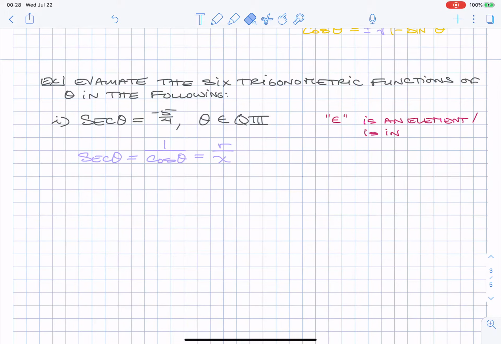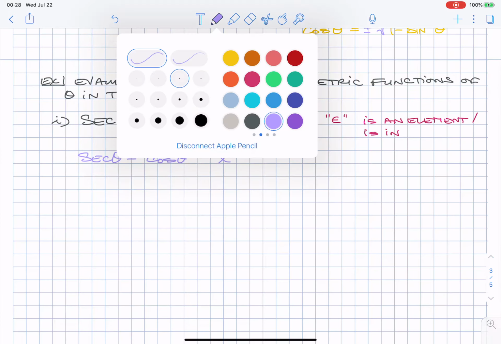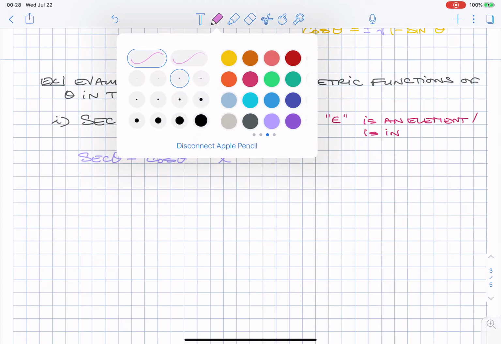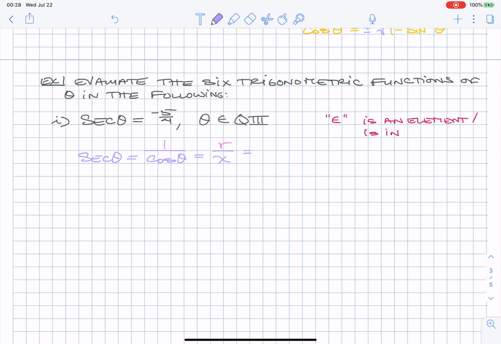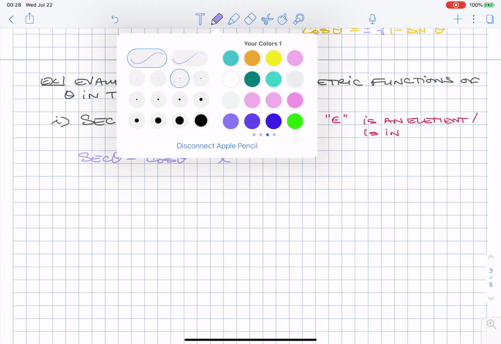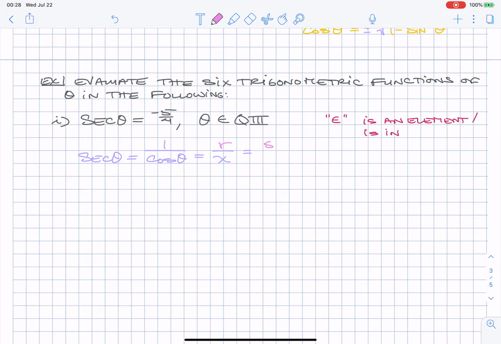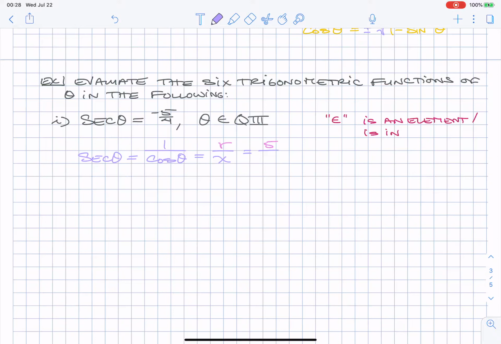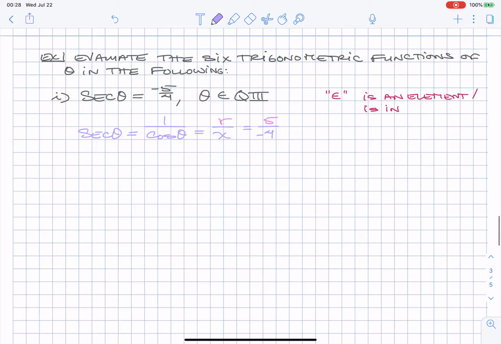Actually, let me make r pink. So for us, we were given that secant is -5. Well, a radius can't be negative. So I know that that negative is going to have to go to the 4 in the denominator. So x is -4. And in quadrant 3, both x and y are negative, so that's good.